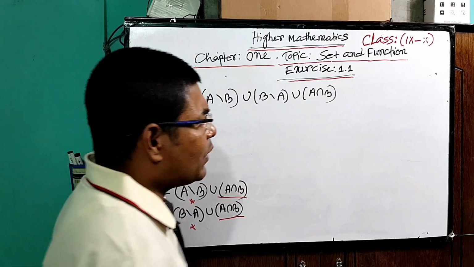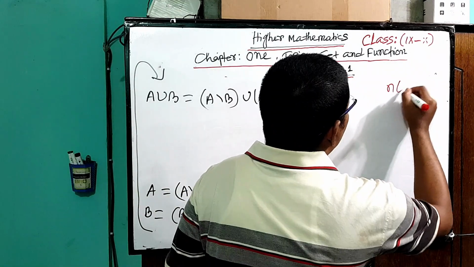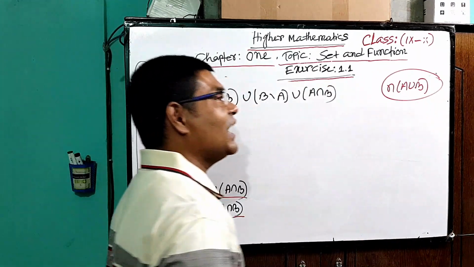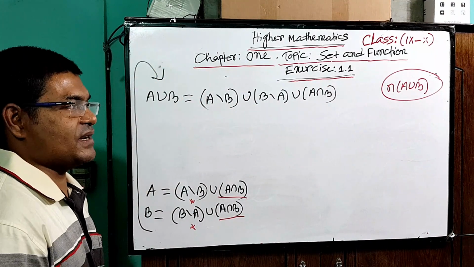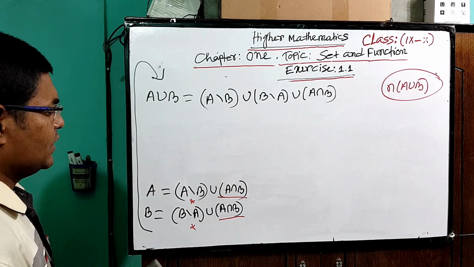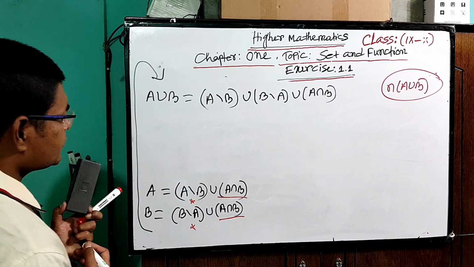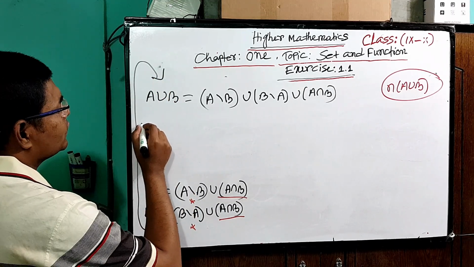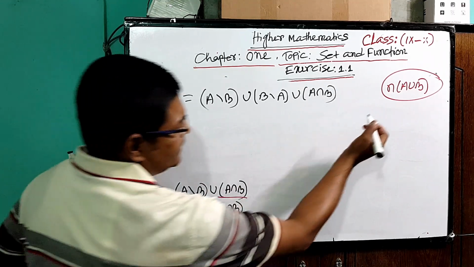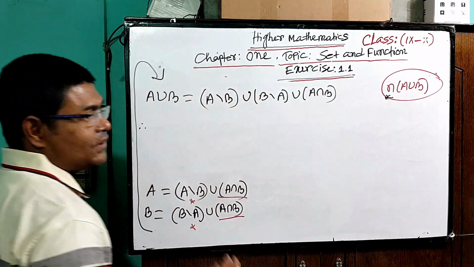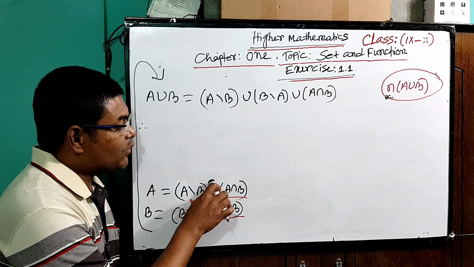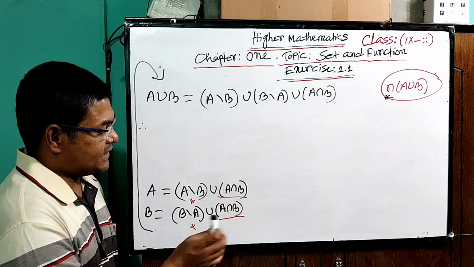So we have to prove that n of A union B. Be careful, this is the cardinal number, or number of elements. We call it the cardinal number. After completing this line, we have to use n. If we use n, replacing union we have to use plus.